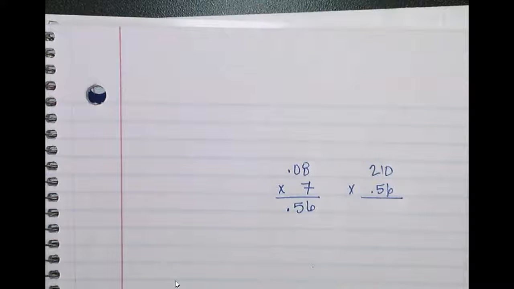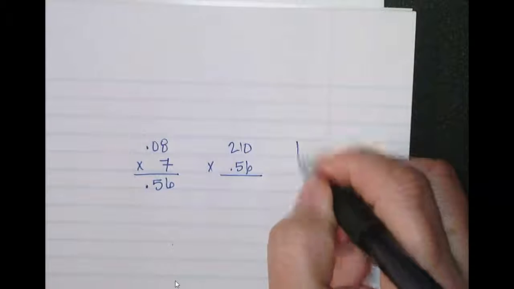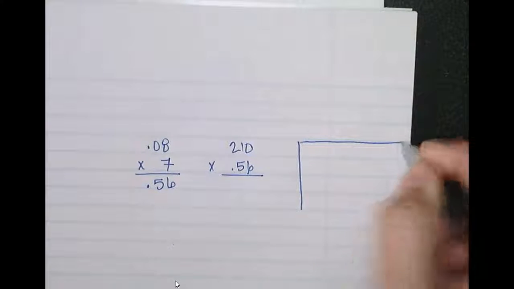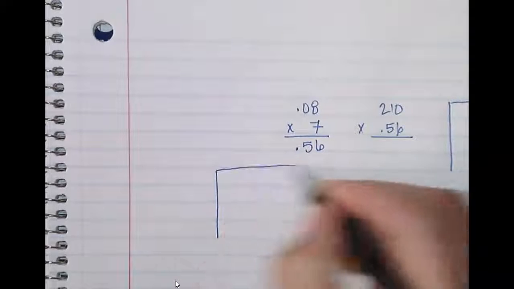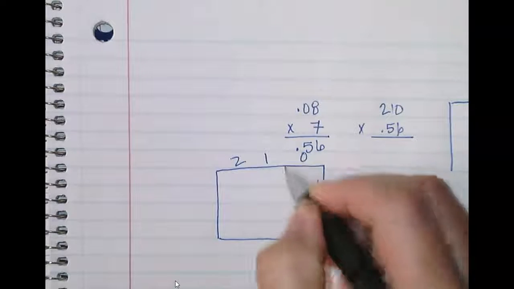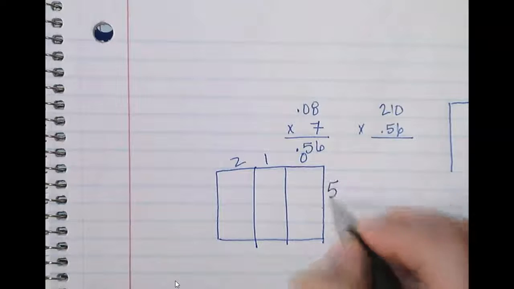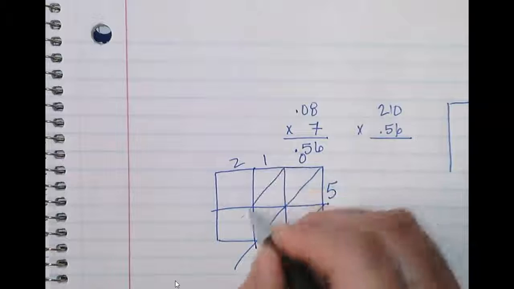Now for me, I solve everything with lattice. If you don't know how to use lattice, I guess you're fixing to learn. I'm going to draw my box over here. It's too small. Let's try again. I want a rectangle. So I want 210 on top, and I want 56 on this side. You're welcome to multiply the other way.